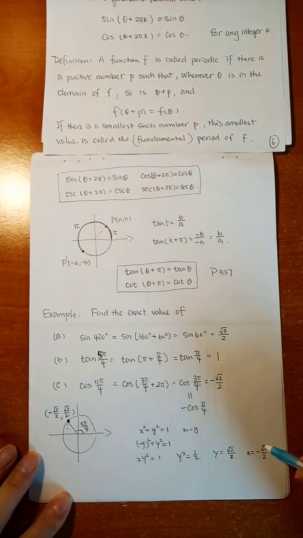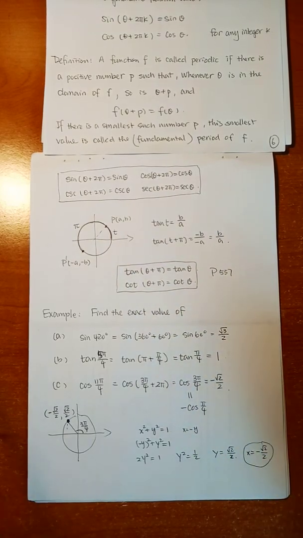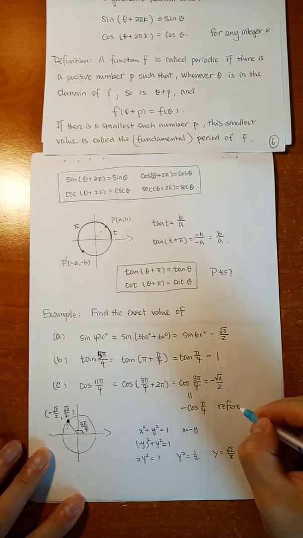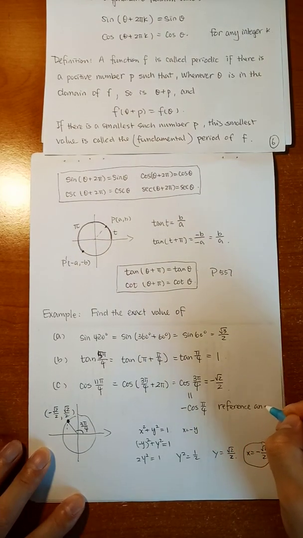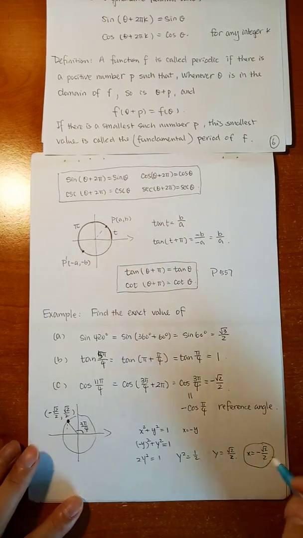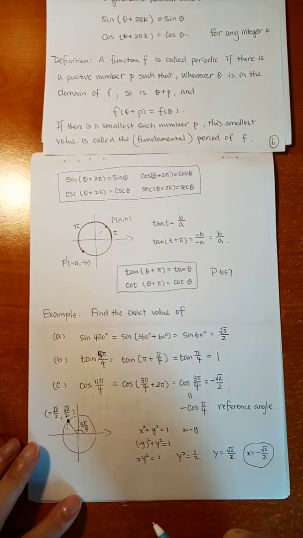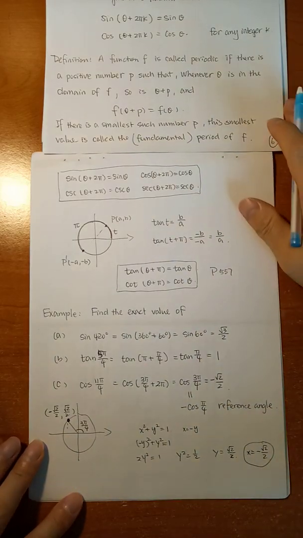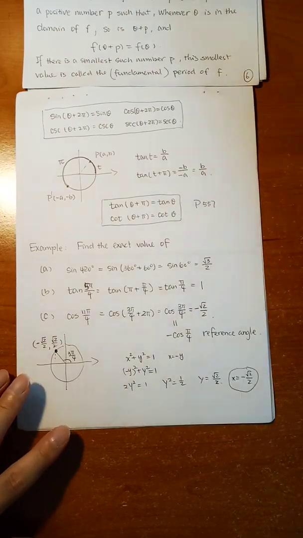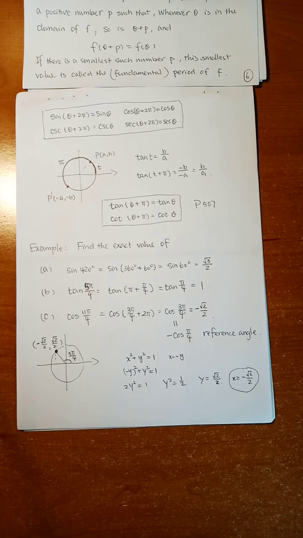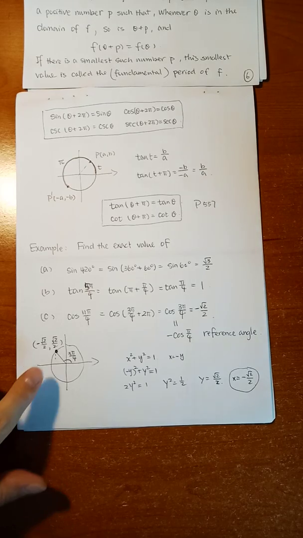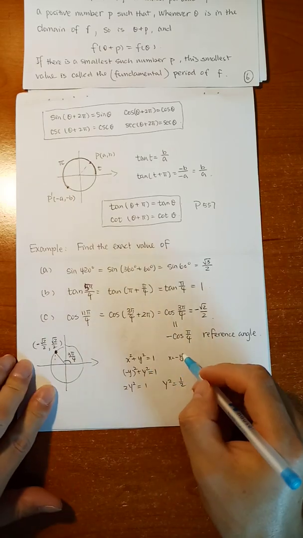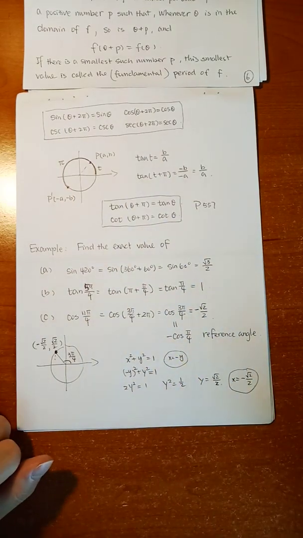And cosine is the x coordinate. So either works. This is the reference angle approach, and this is the circular approach. In the circular approach, when we have this special position, we know the relation between x and y.